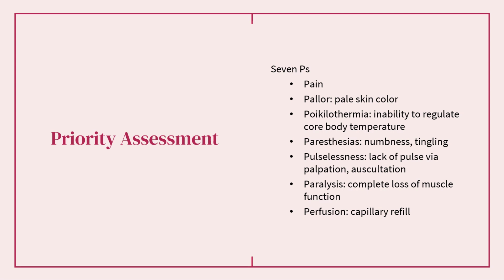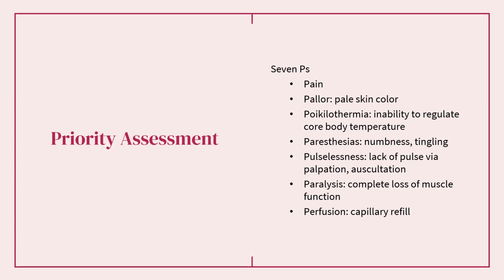The word I cannot say, so the limb feels cool or cold. Cannot regulate temperature. Paresthesia, so numbness or tingling. Pulselessness, so we have an absent or diminished pulse, which is a late and serious sign. Paralysis, which is loss of movement, another late sign, and there's poor prognosis if we don't treat that quickly.